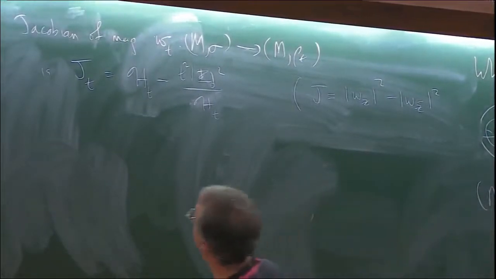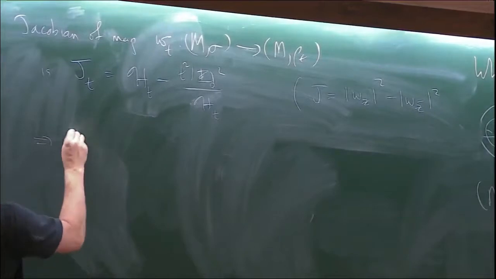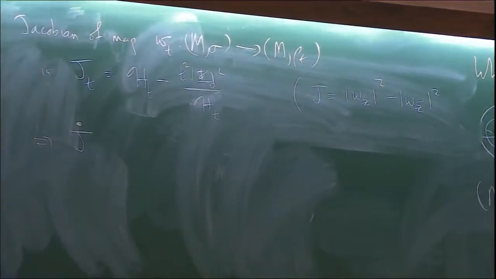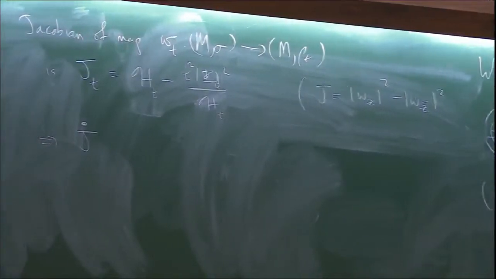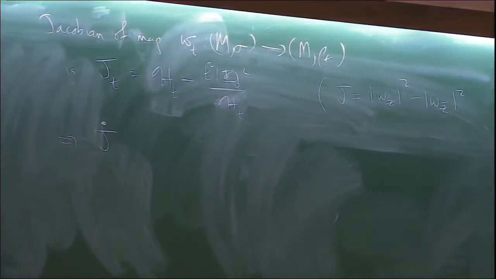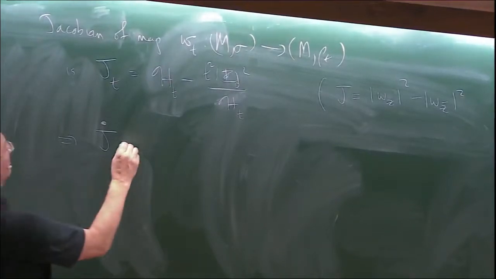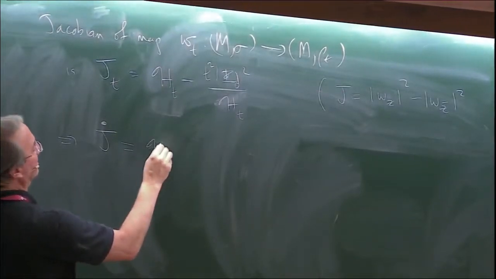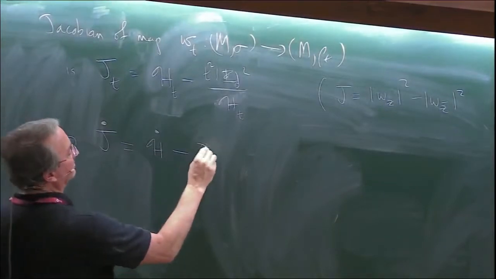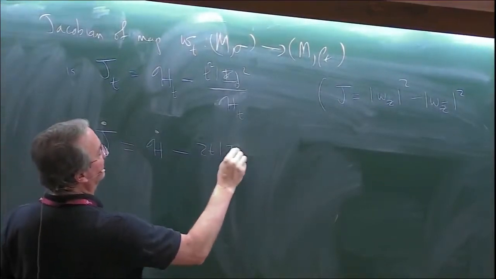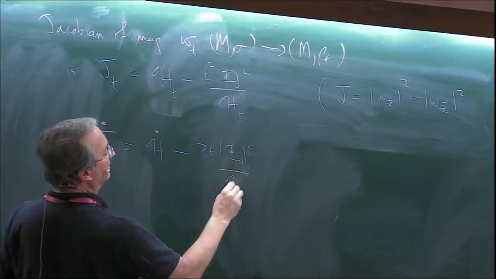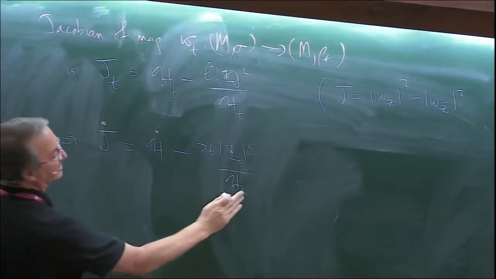So what have we learned? So the time derivative of the Jacobian: if I look at a little bit of area, how much does that area change from hyperbolic surface to hyperbolic surface? Well, it's h dot minus 2t v naught squared over h0.